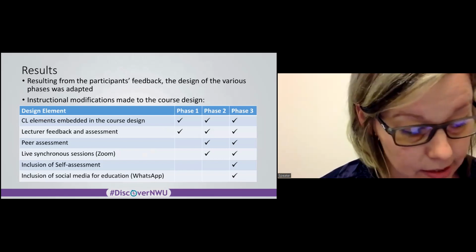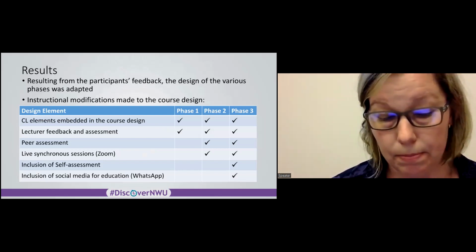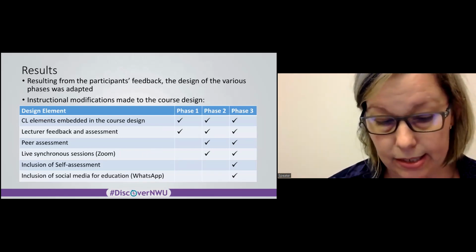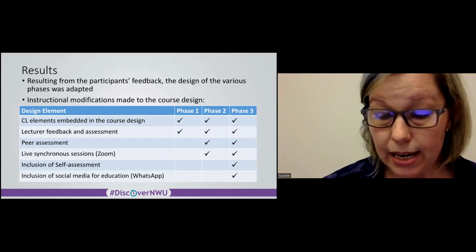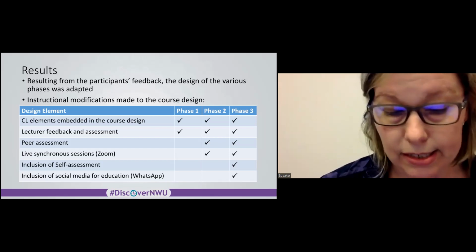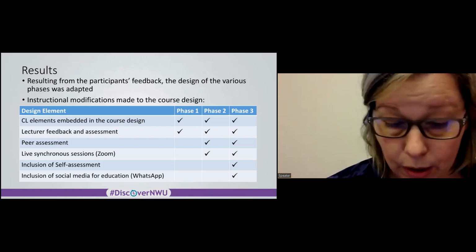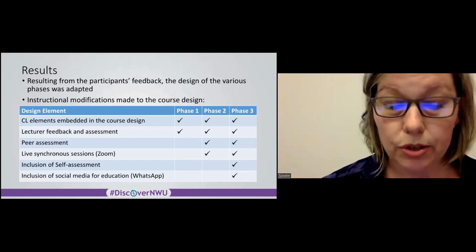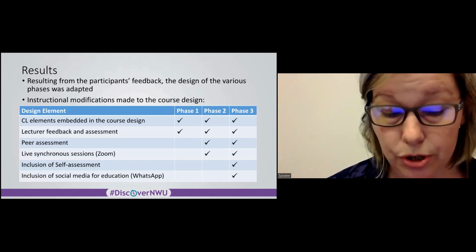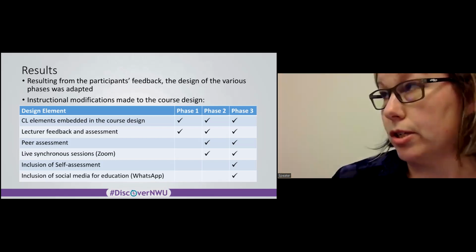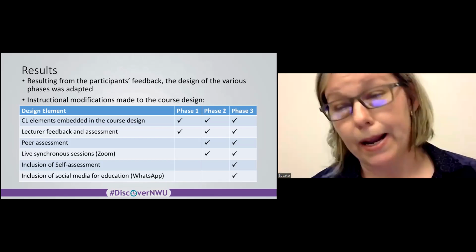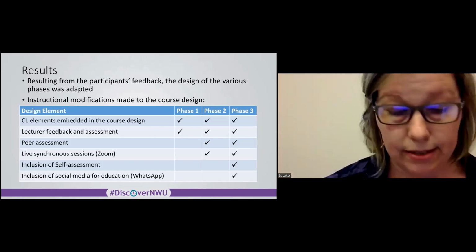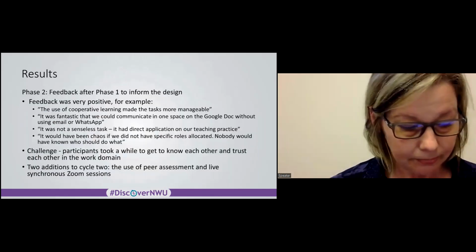In phase 2, we incorporated peer assessment, as well as live synchronous Zoom sessions. And then in phase 3, after again analyzing data and looking at what the feedback was from the students, we included self-assessment and also social media for education in the form of a WhatsApp. So that just explains the process of the design that I mentioned earlier.